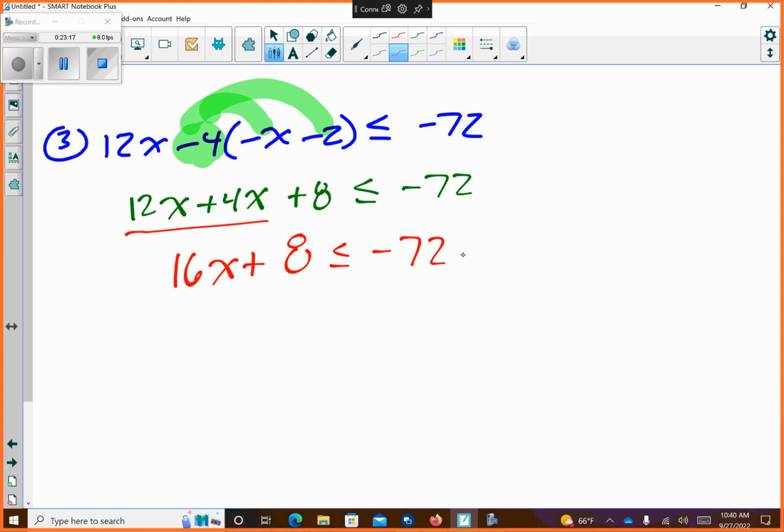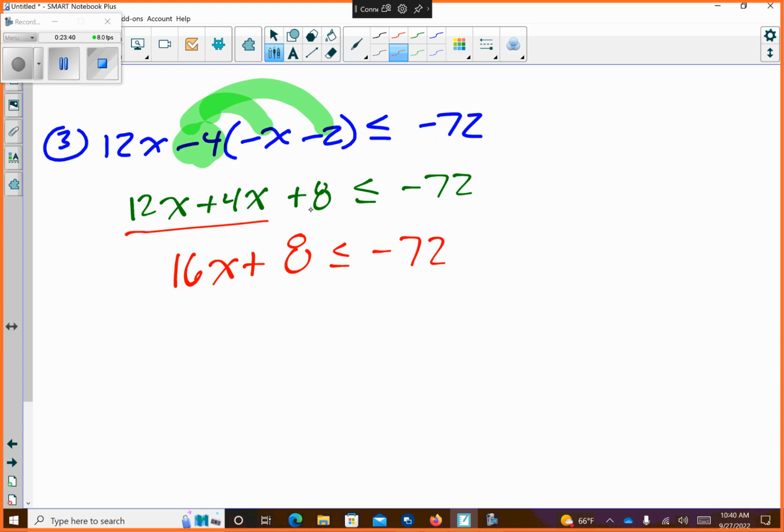No. Where are you stuck, Sid? I had to distribute that over to both. Oh. So negative 4 times negative x is positive 4x, because negative times negative. And then negative 4 times negative 2 is positive 8.